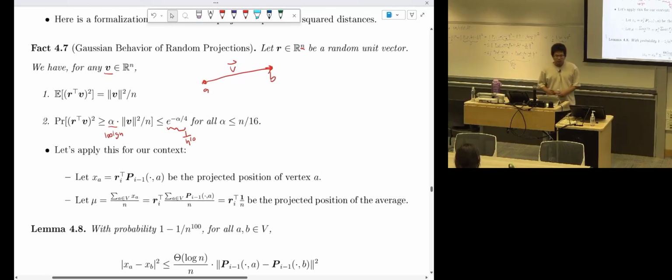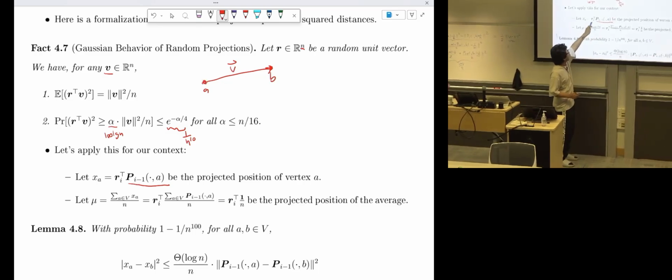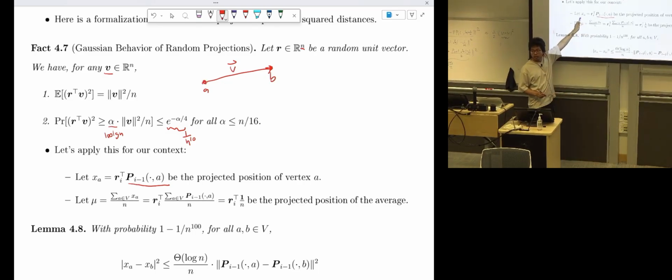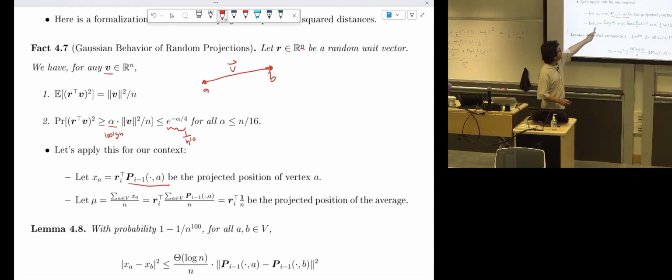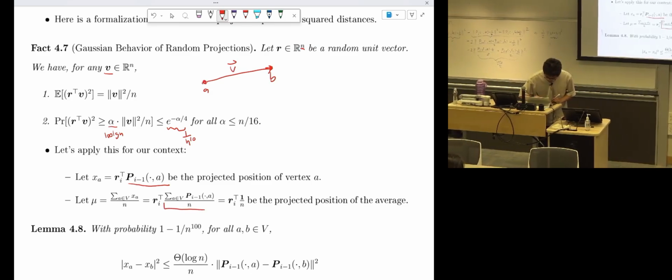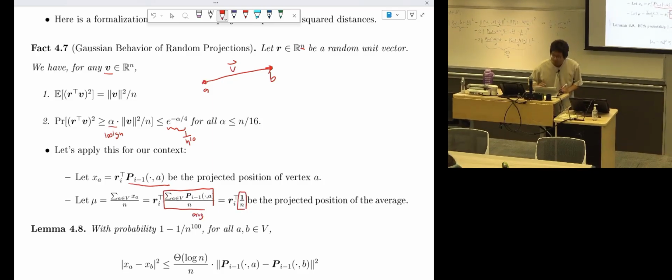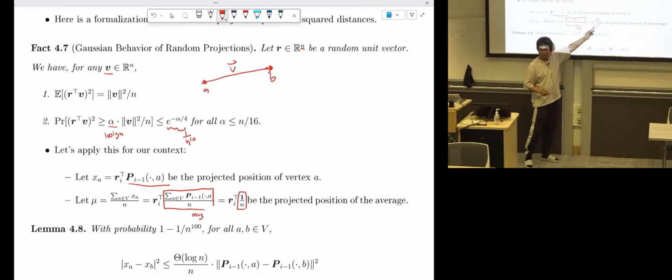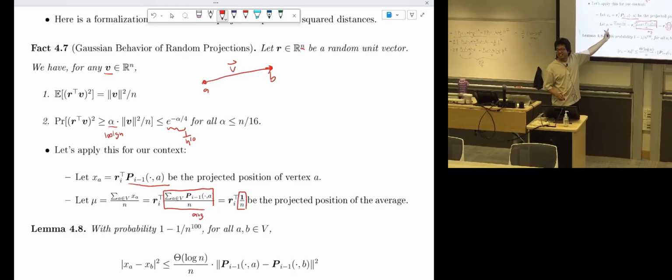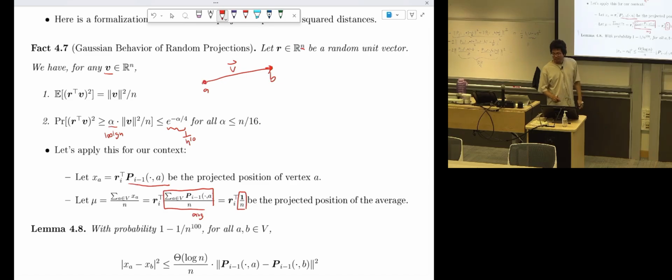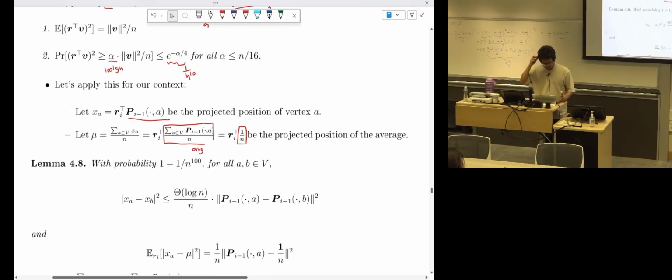Recall that this is the position of A, and you multiply by R. This is the projected position of A. Let's say that mu is the projected average position, which is 1 over n times the sum of positions, and then I project it to R. So mu is the projected average. I claim that we're going to have this.